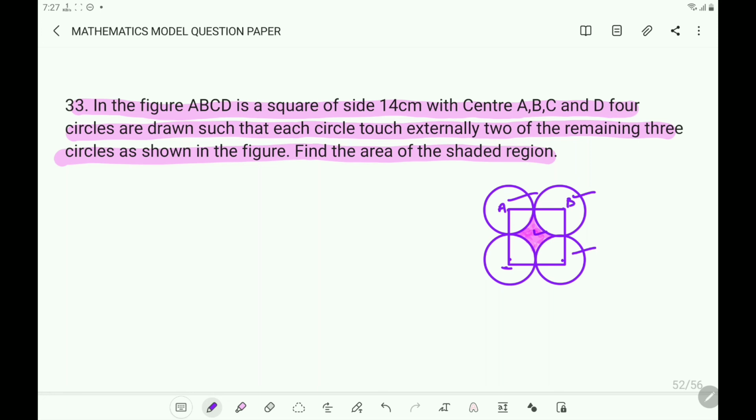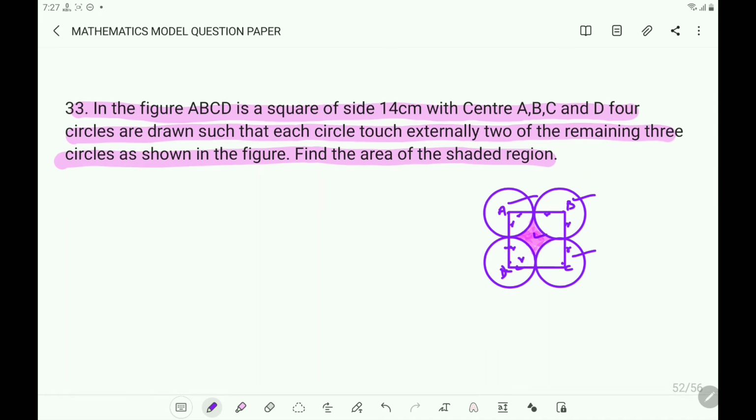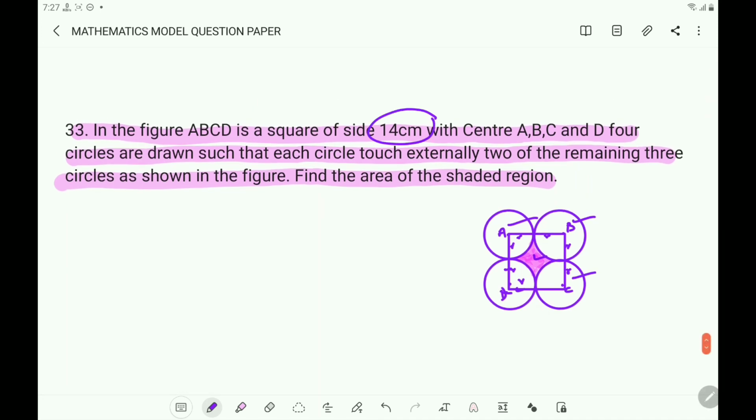Consider A, B, C, D as the centers, and they touch externally. So half of the side of the square is equal to the radius. What is the length of the side? 14 centimeter. Then R equals 14 by 2, which is equal to 7 centimeter.